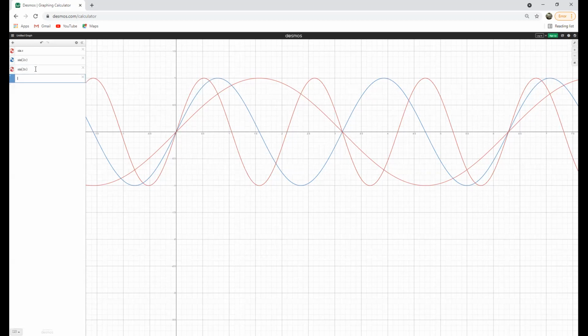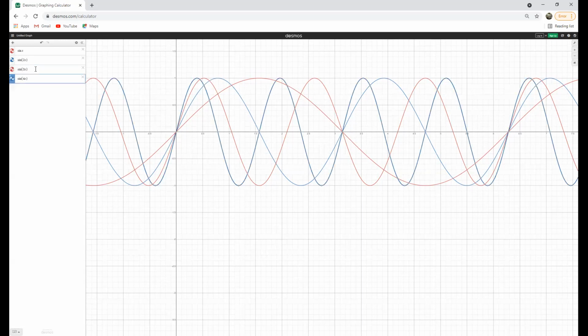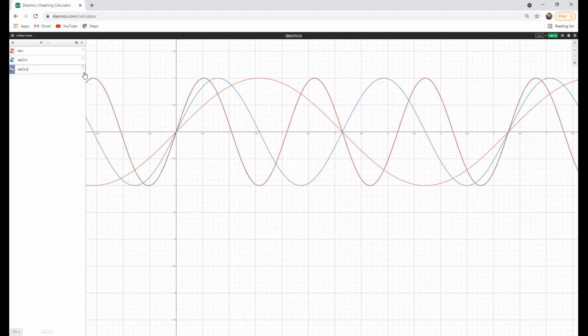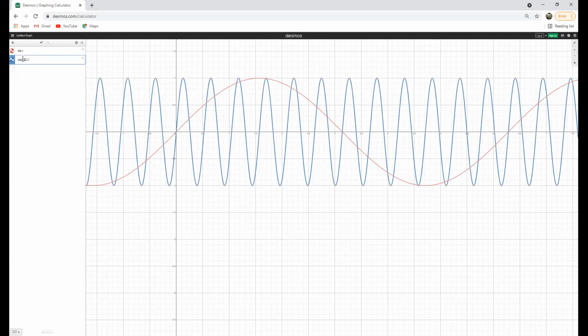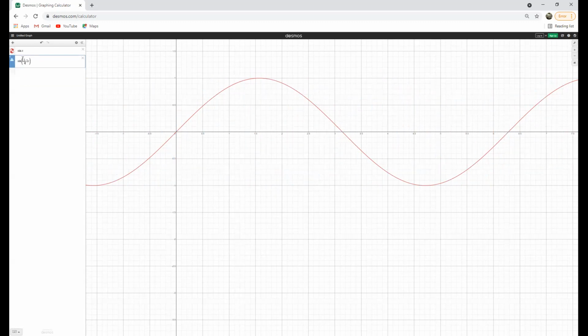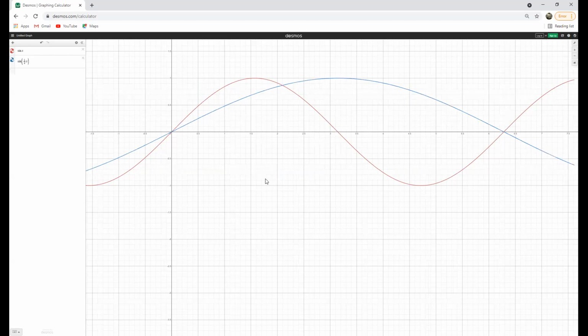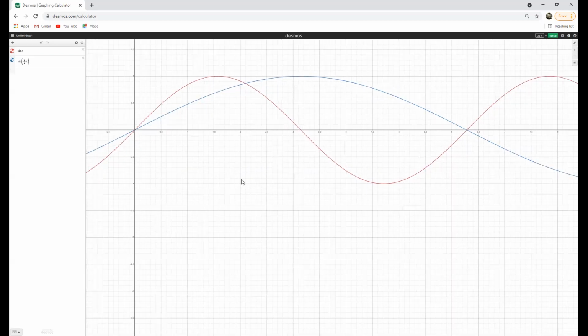If I multiply by 4, sine of 4x. Ooh, wow. Now I expect you to ask, what if I change these to a half, to a third? What changes do we see here? So suppose you have sine of 1/2 x.